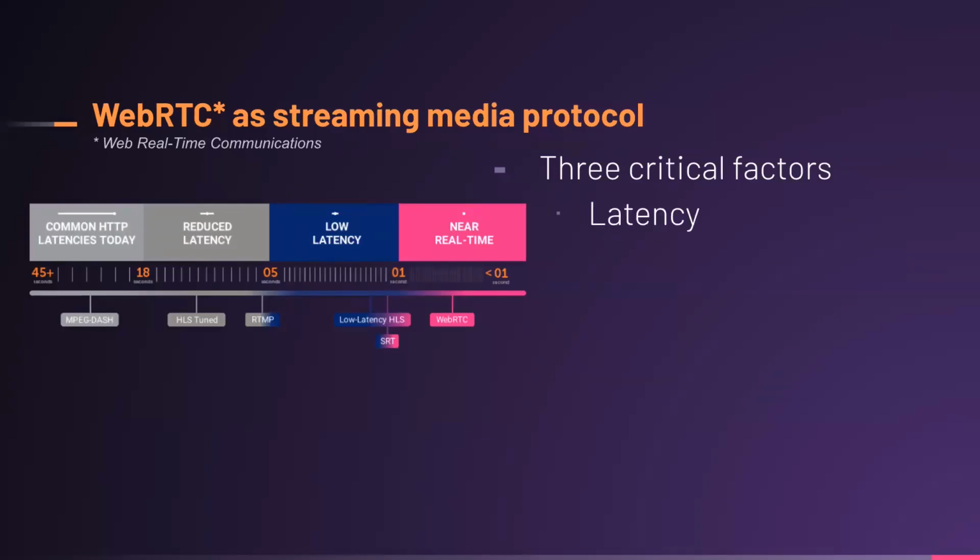Near real-time latency, under 1 second, is required to produce a user experience that feels like a face-to-face conversation. We also decided browser support and encryption were requirements. We chose WebRTC as the streaming media protocol because it delivers 500 millisecond latency, wide browser support, and also offers end-to-end encryption.